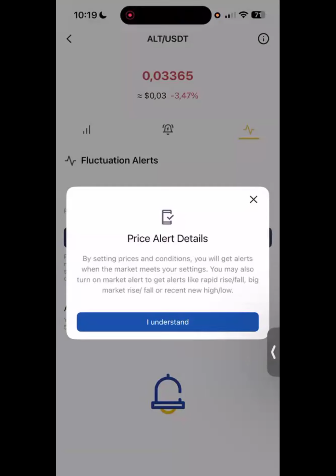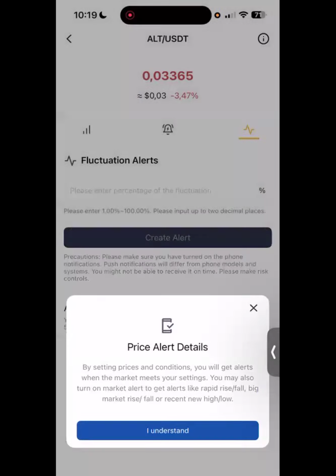By setting prices and conditions, you will get alerts when the market meets your settings. You may also turn on market alerts to get alerts like rapid rise or fall, big market rise or fall, or recent new high or low. Okay. So this is what the price alert is about.